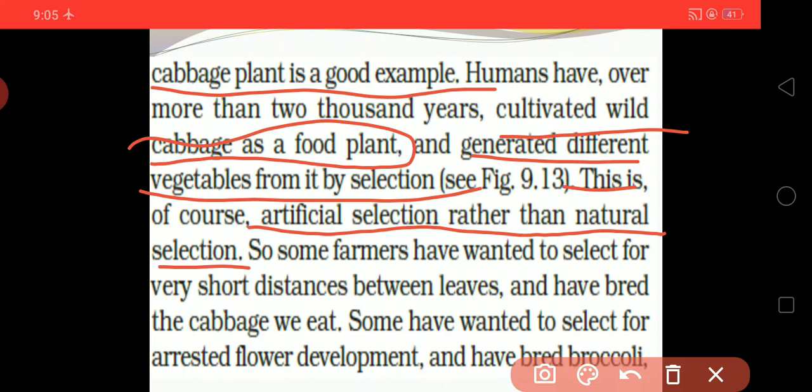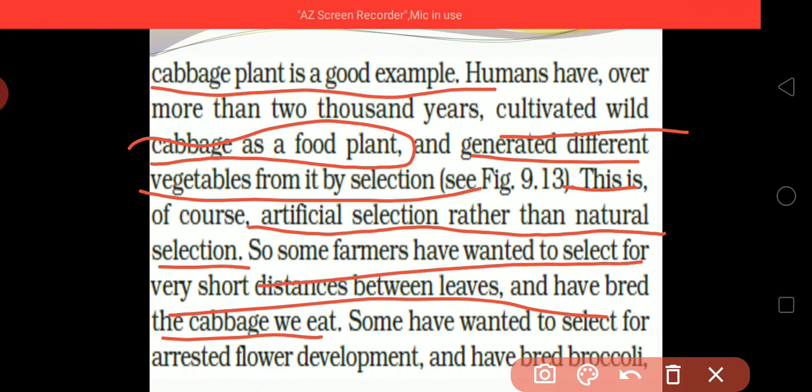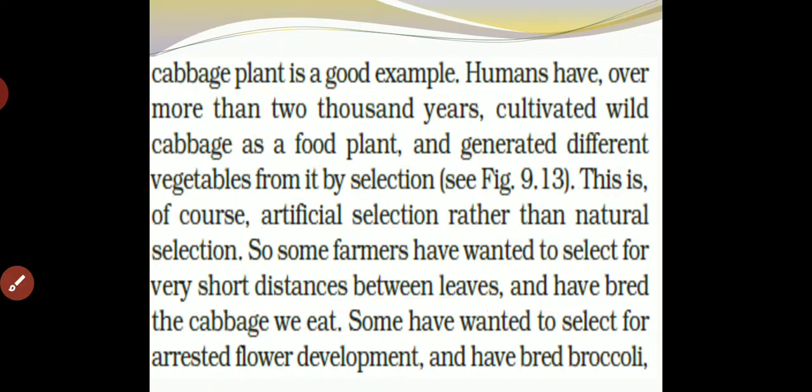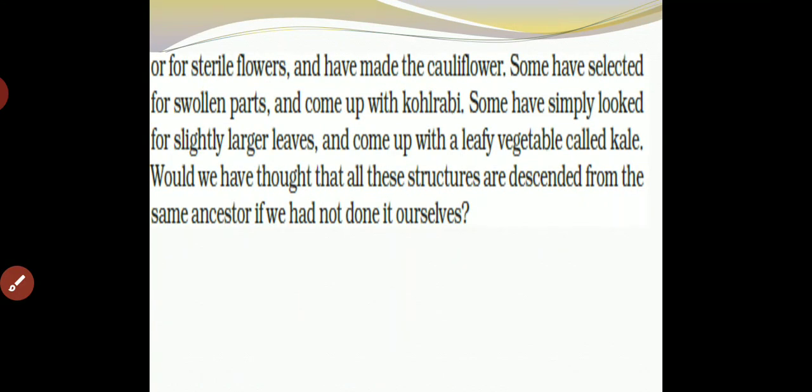Some farmers wanted to select for a very short distance between leaves, and bred the cabbage we eat. Some wanted to select for arrested flower development and bred broccoli, or for sterile flowers and made the cauliflower.